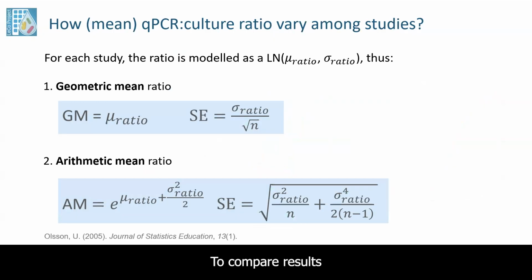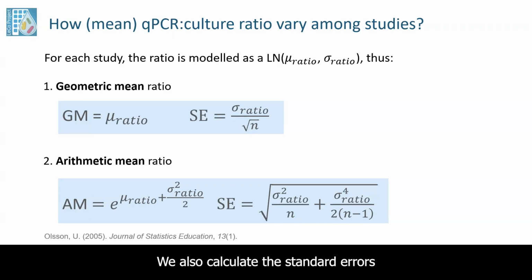To compare results across different studies and sites, we extracted two types of average ratios predicted by this model. First, the geometric mean ratio, which reflects the typical value expected at the site. And second, the arithmetic mean ratio, which is much more sensitive to high ratios, like occasional peaks of DNA gene copies without culturable bacteria.